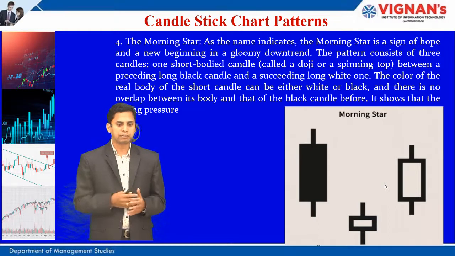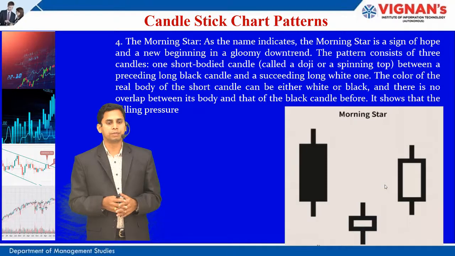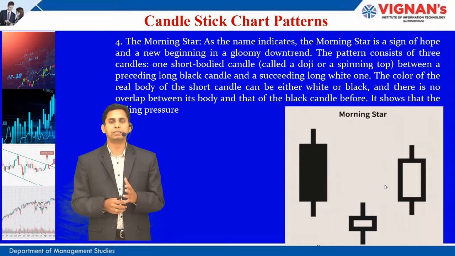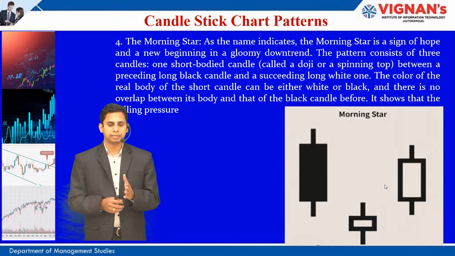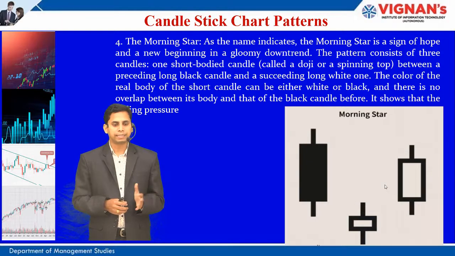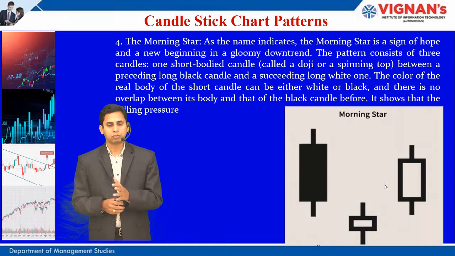That kind of pattern is nothing but a morning star pattern, and it is also called a doji or a spinning top. In the middle of this morning star pattern there is a doji, between a preceding long black candle and a succeeding long white one.